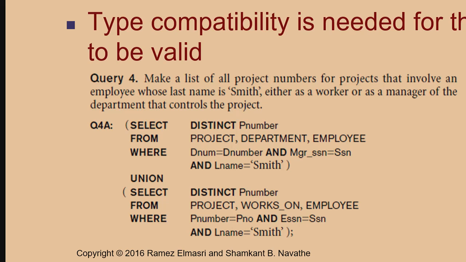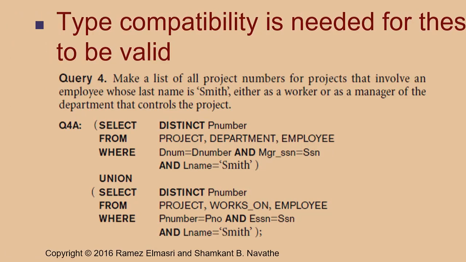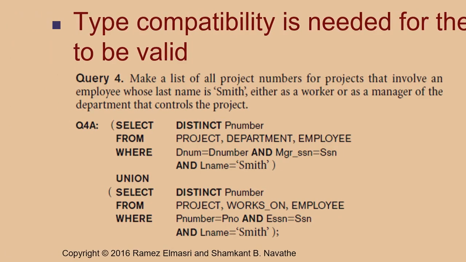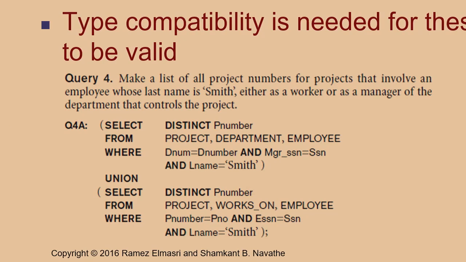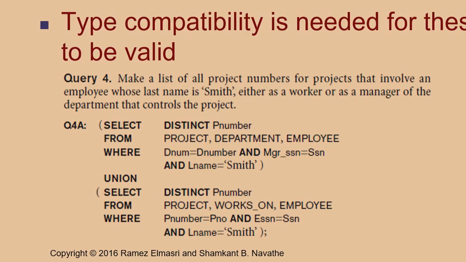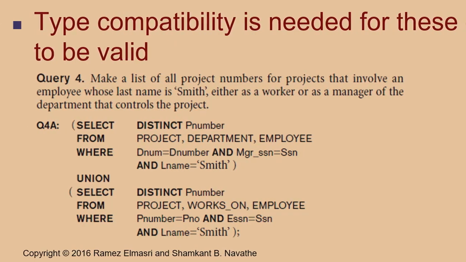And the other one is just the employee who works on the project, because they want the project number, the list of project numbers involving an employee whose last name is Smith, either as worker or as manager.